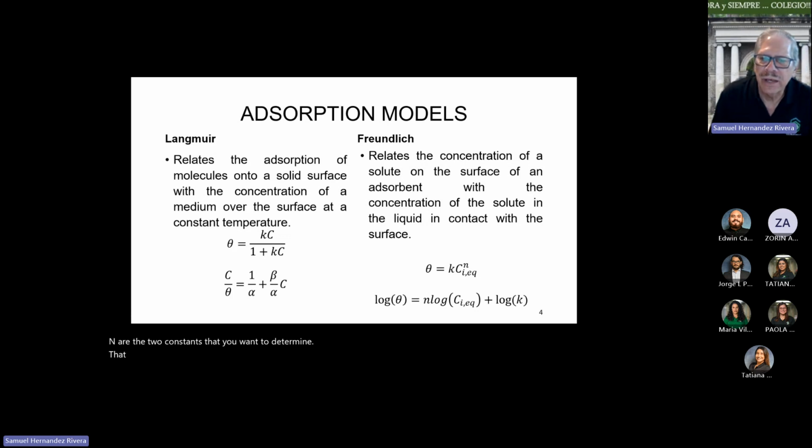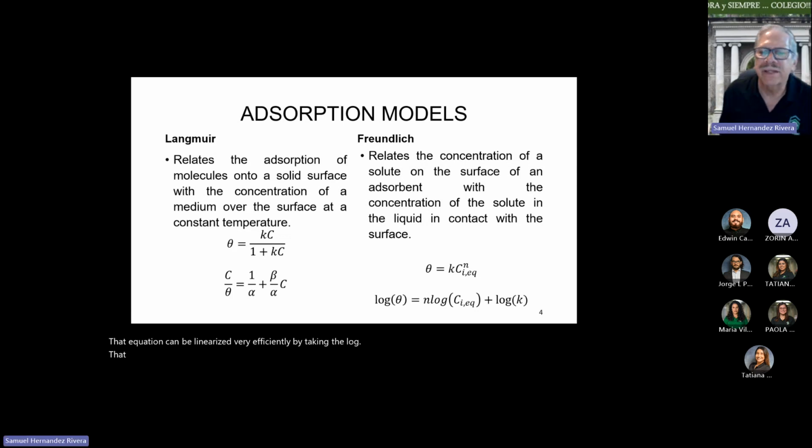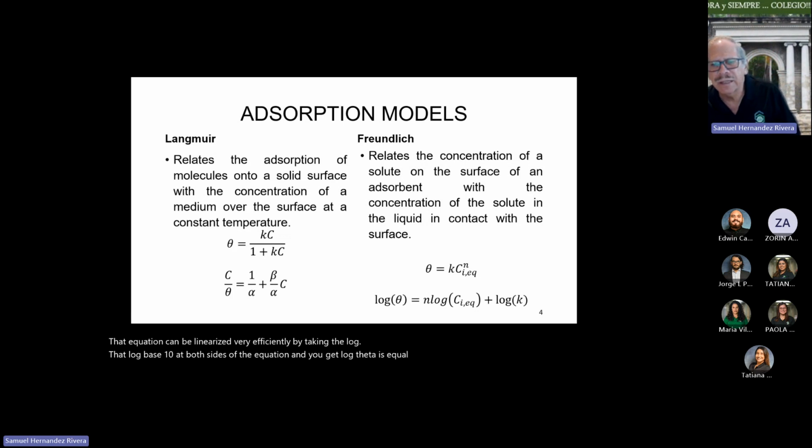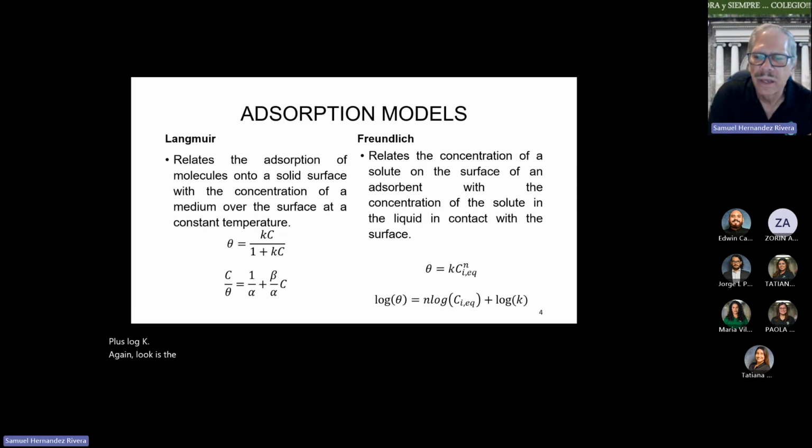That equation can be linearized very efficiently by taking the log base 10 on both sides of the equation, and you get log theta is equal to n log C sub i equilibrium plus log K. Again, log K is the intercept from which you can calculate K, and n is the slope.